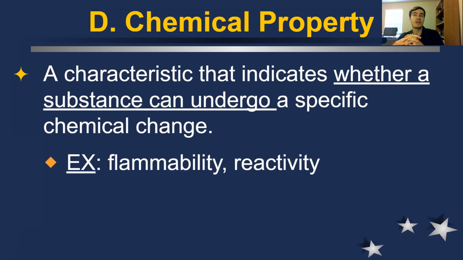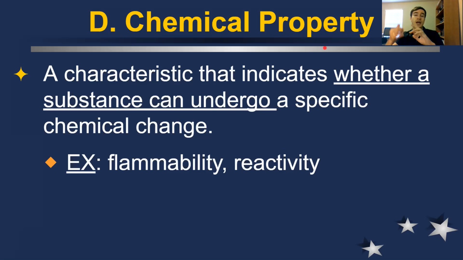But something like neon gas, so like the cool neon signs that you see on the front of stores and clubs and stuff like that, the neon in those signs is very, very unreactive. The neon does not want to react with other chemicals. It just wants to stay as neon gas, and that is it. So how likely that something is to go through a certain chemical change is its chemical properties.